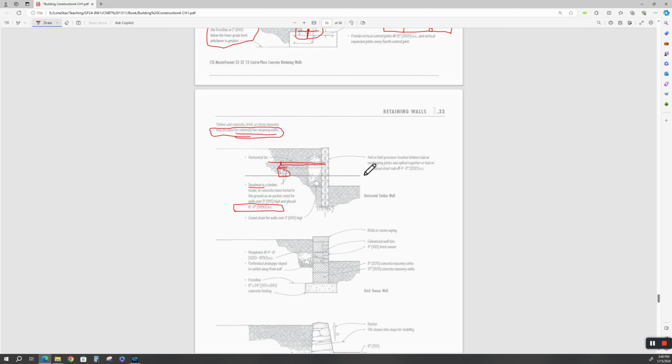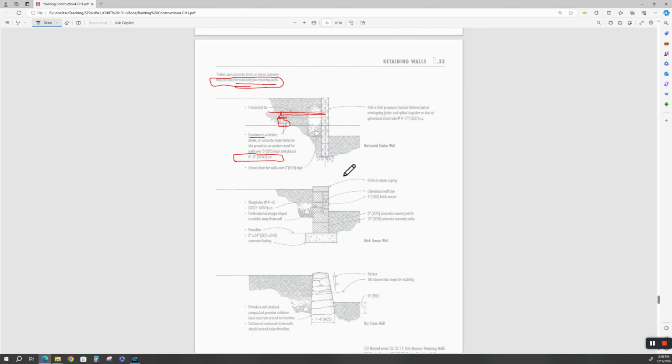All right. This talks about this, okay? So that's a horizontal timber wall. Brick or stone coping. These things need weep holes because you're going to have water penetrating through this soil. He doesn't talk about latency in here, but I'm going to talk about it. It's leaching the calcium out of the mortar.